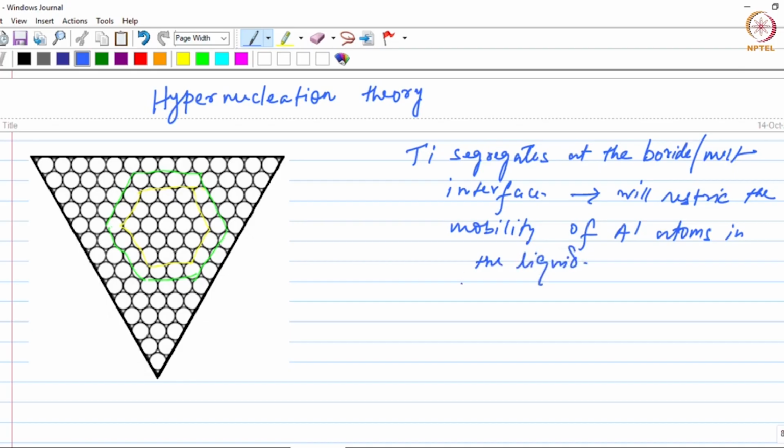And this will lead to formation of what are called pseudocrystals, by a templating kind of effect.